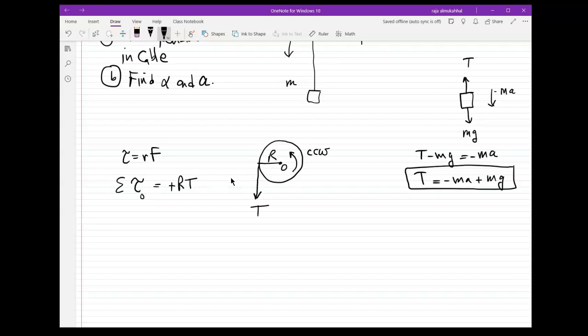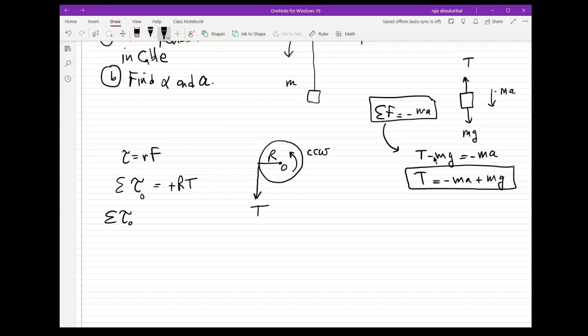Now, are we done with that? Well, not yet, because go back to the descending mass. Where did I get this equation from? Well, I got it from the sum of the forces equals minus ma, right? And from there, I got this. Make sure you understand that. Well, I have the same thing here.